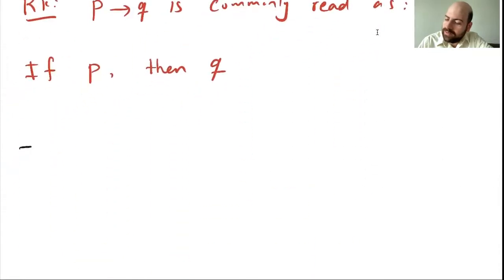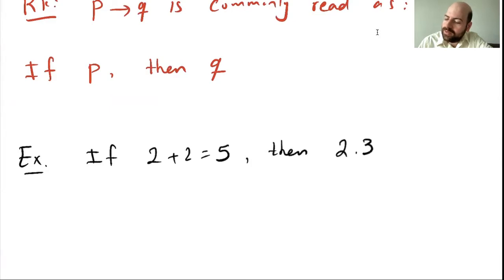All right, so let's look at an example. Let's say if 2 plus 2 equals 5, then 2 times 3 equals 7. Is this true or false? Well, this part, which we call P, is the assumption.